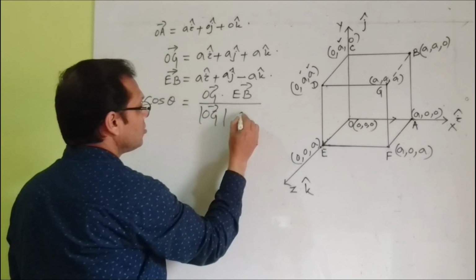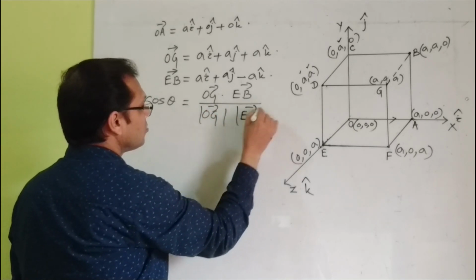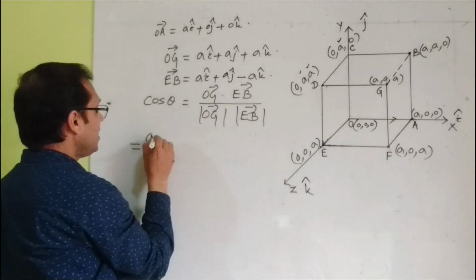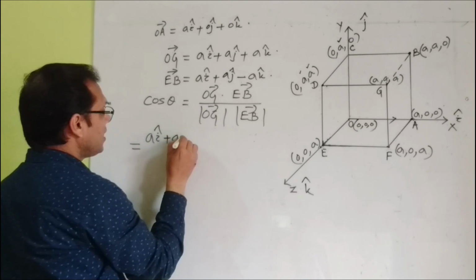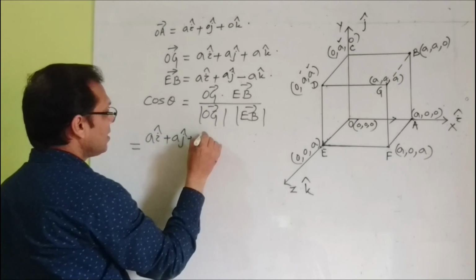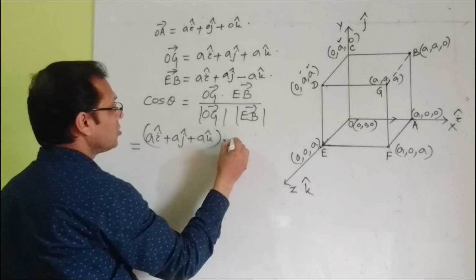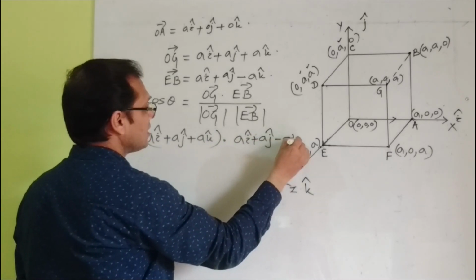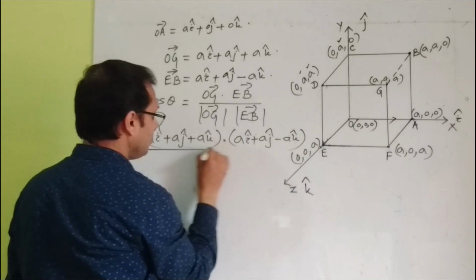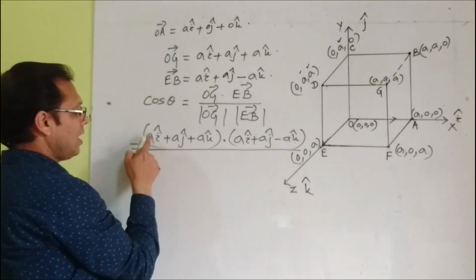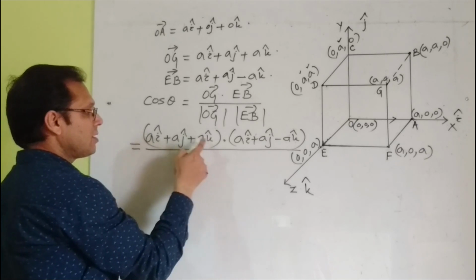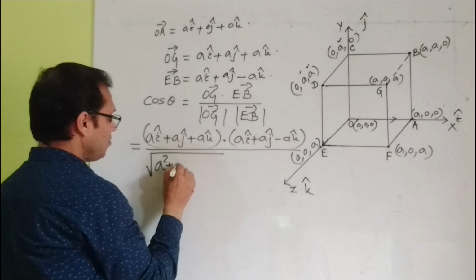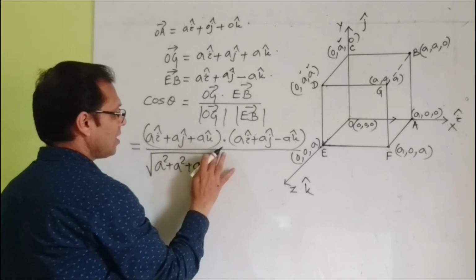OG vector is a i cap plus a j cap plus a k cap, dot a i cap plus a j cap minus a k cap, divided by the magnitudes: the square root of the sum of squares of the components, root over a square plus a square plus a square.